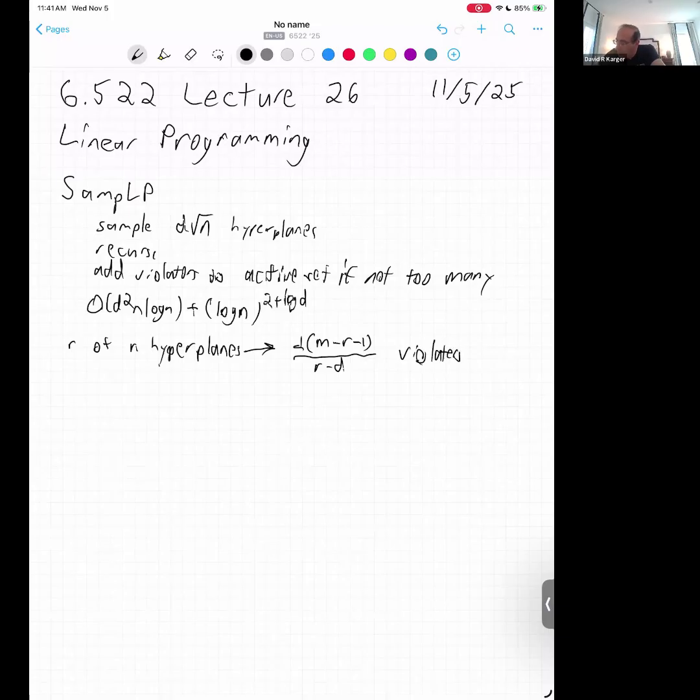So if you choose about square root of n hyperplanes, everything works out very nicely.